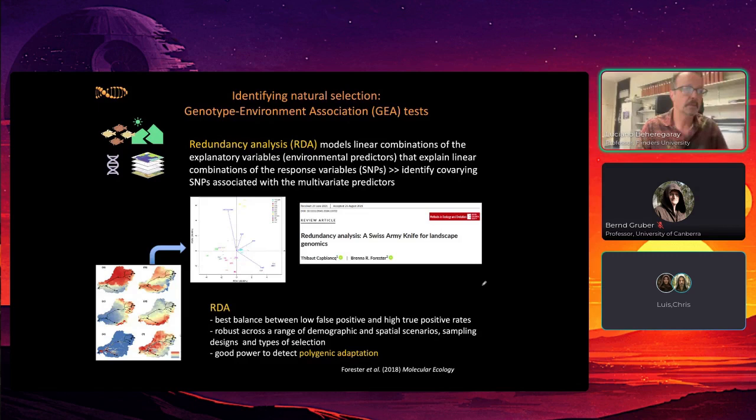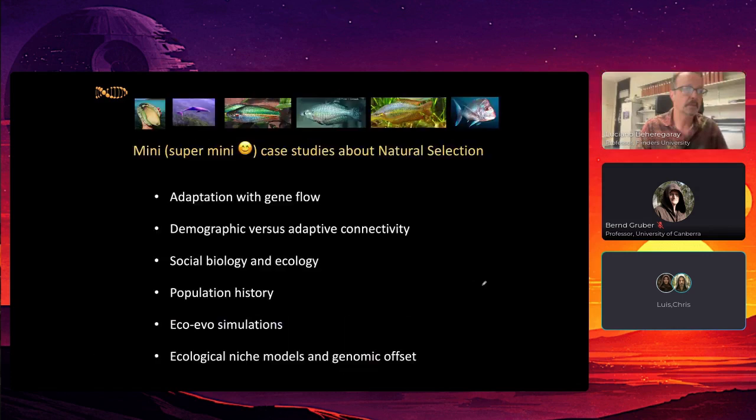And RDA seems to have good power to detect polygenic selection.